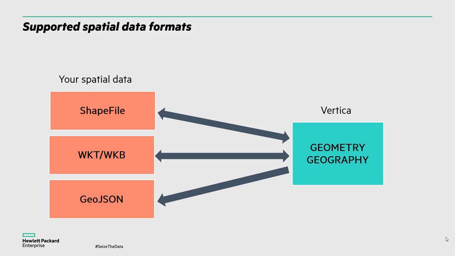Those data formats are very commonly used. Most of the geospatial analysis tools will support at least one of them. So it's very convenient to transfer data between Vertica and other geospatial analysis tools.